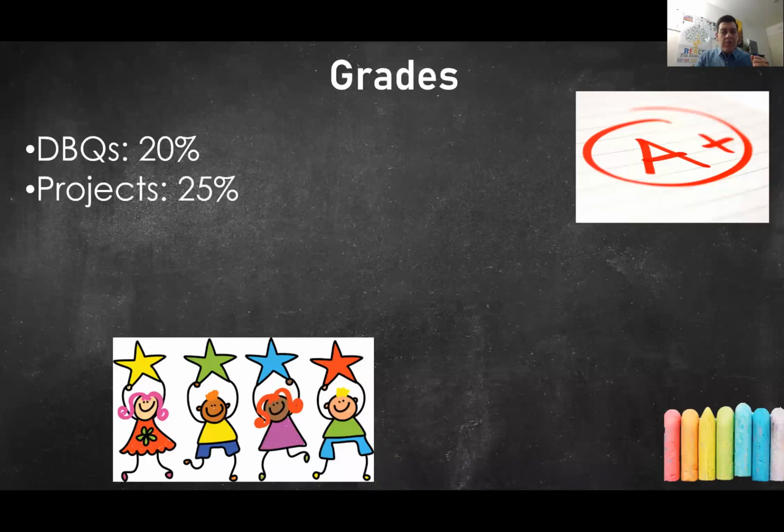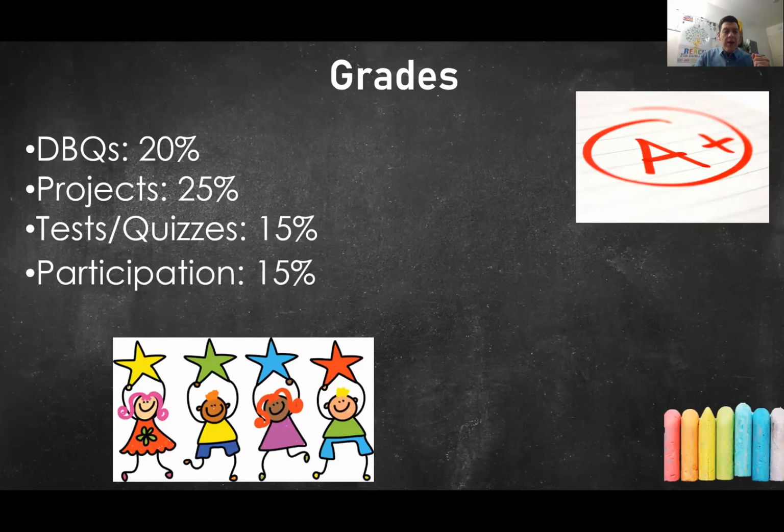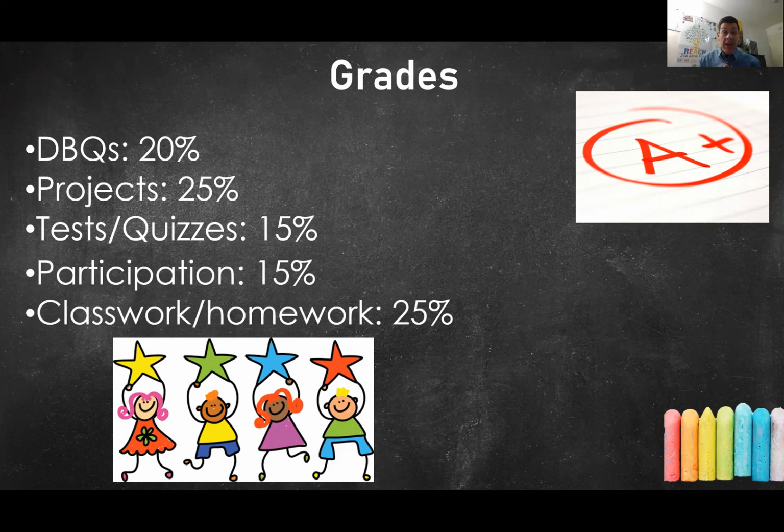Students' grades are composed of 5 different categories. The first category is DBQs, in essence document-based questions. Students are provided a set of primary sources from a variety of topics throughout the school year.